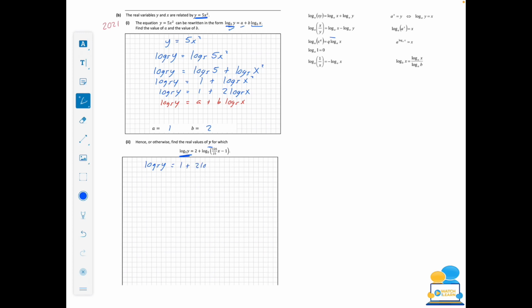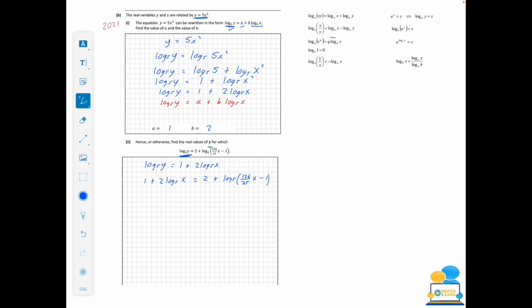So I'm going to change that. Anywhere I have log to base 5 of y, I'm going to let that equal 1 plus 2 log to base 5 of x. So now I can rewrite my question as 1 plus 2 log to base 5 of x is equal to 2 plus log to base 5 of 126 over 25x minus 1.